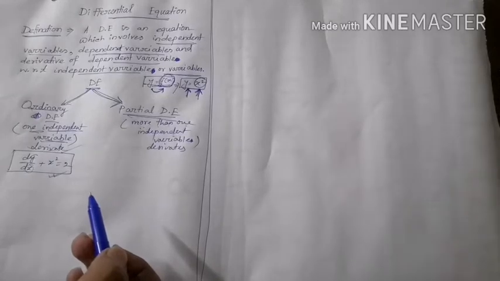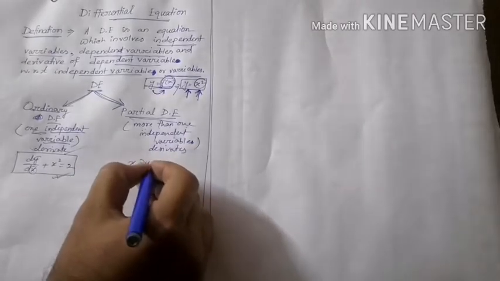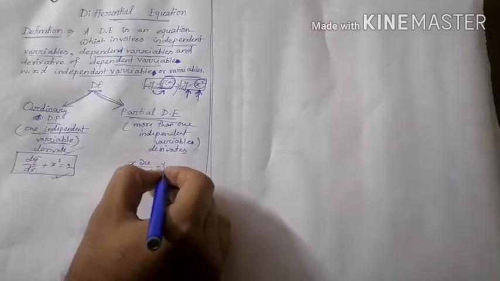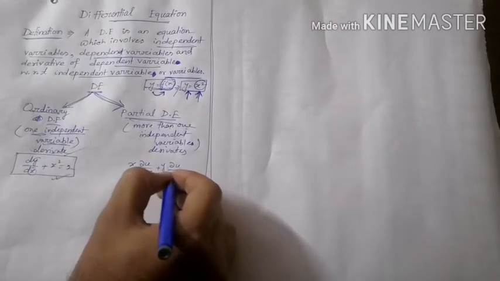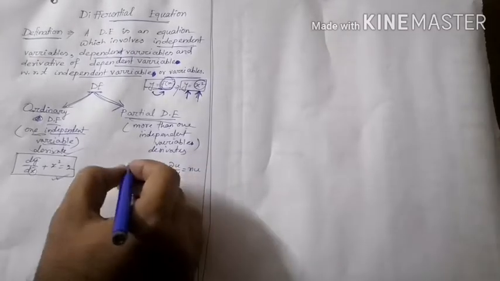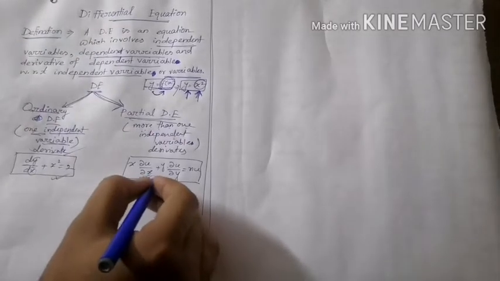And what is an example of a partial differential equation? Let us take x into del u by del x plus y into del u by del y equals n into u. Here we get derivatives with respect to more than one independent variable.